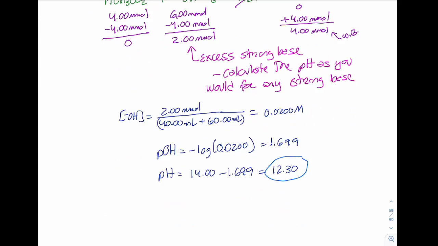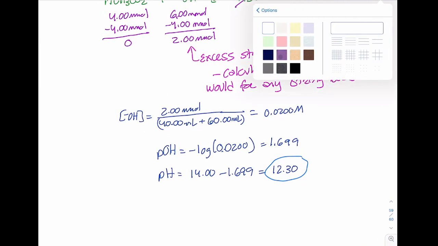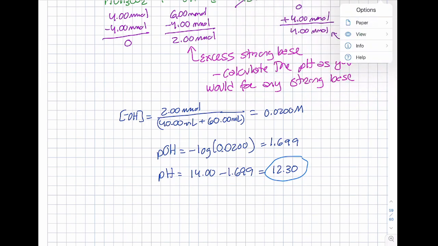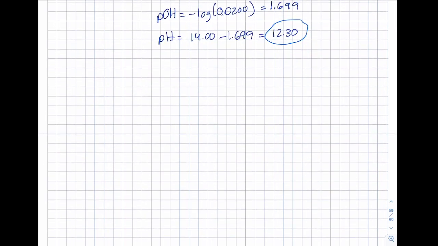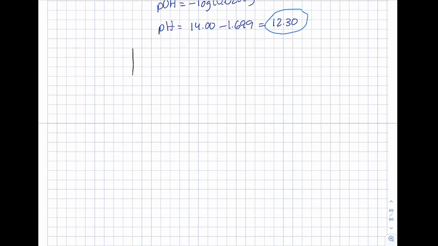I'm going to add some lines to our paper here, just because it's going to be easier for me to draw straight lines. I'll get rid of it after I draw it. I know it's more difficult to look at when I'm showing it this way, but I'm not very good at drawing straight lines. So we're going to have pH versus my volume.